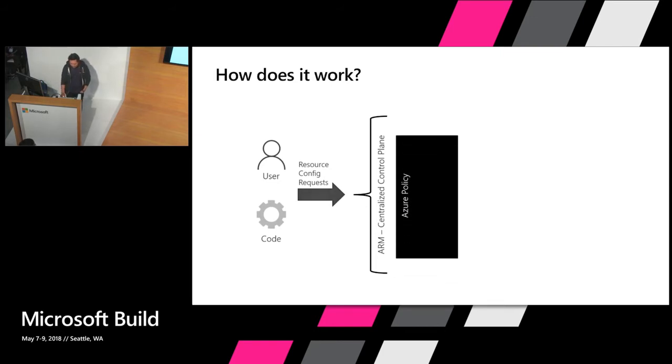Now, the policy engine that we have built is strategically tucked right behind the ARM control plane, so that all of the requests that go through the ARM control plane have to be evaluated against all of the policies that you have in your environment before the resource request would take place.